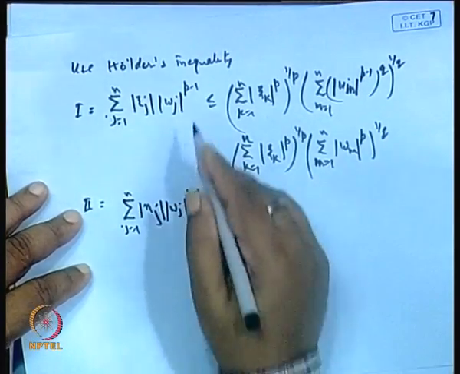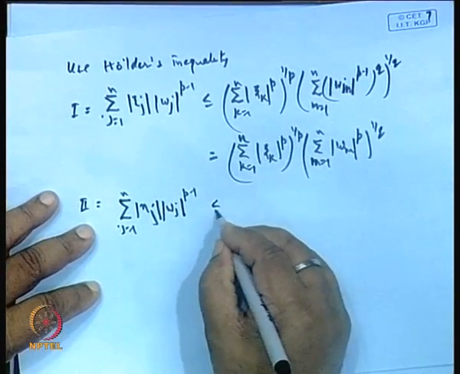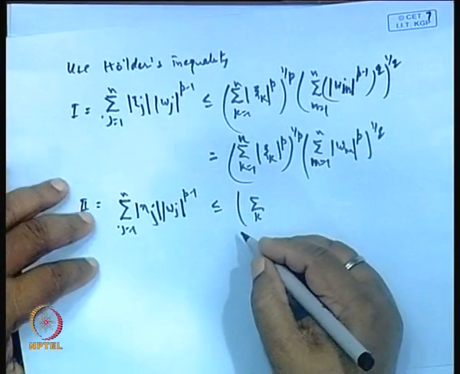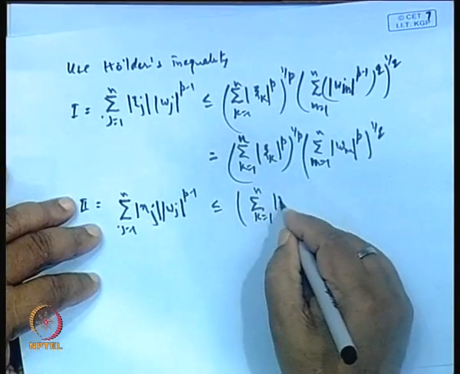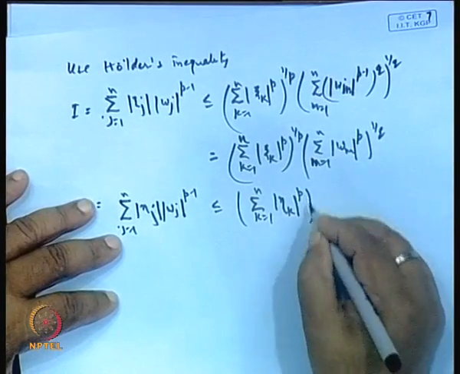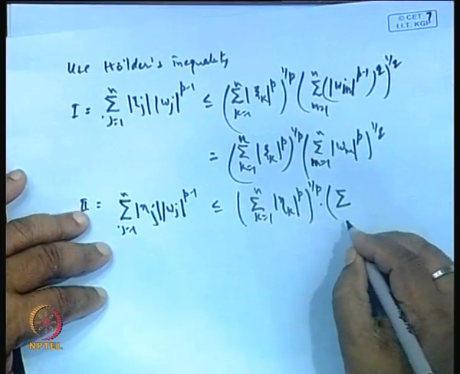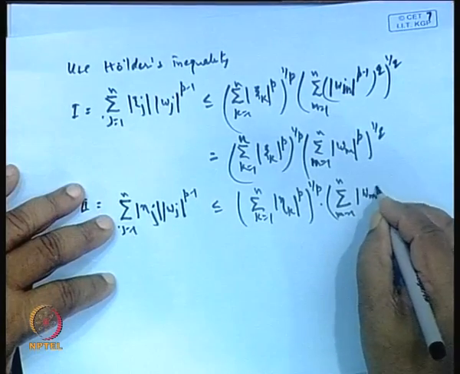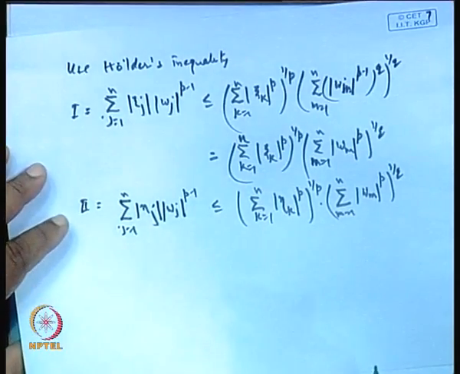If I apply again the Holder's inequality with the sum j equal to 1 to n, then this is less than or equal to sigma k equal to 1 to n mod of eta k power p power 1 by p into sigma m is 1 to n mod of w m power p power 1 by q.